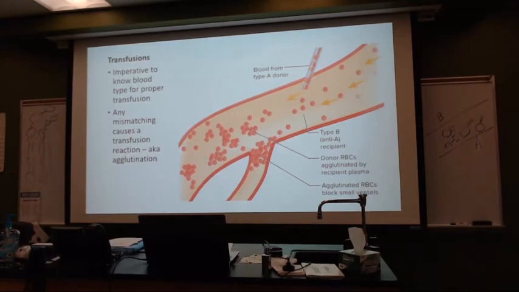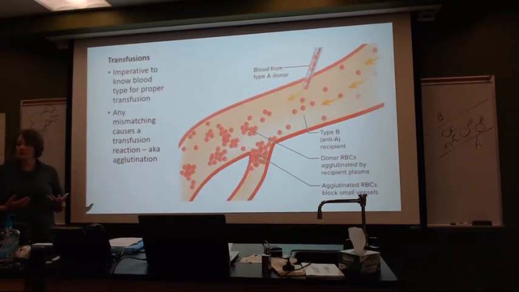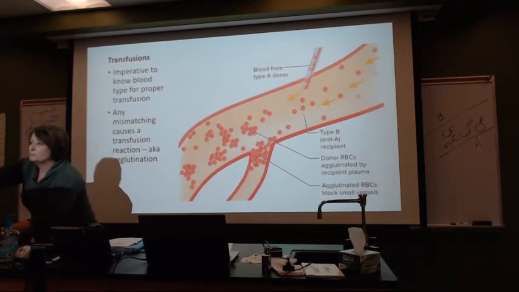And that means it shuts off, because if it's clumping, it's no longer moving through those capillary beds, meaning tissues are not getting their blood supply and the tissues are going to die. And that backs up into the larger vessels to the point that death ensues.